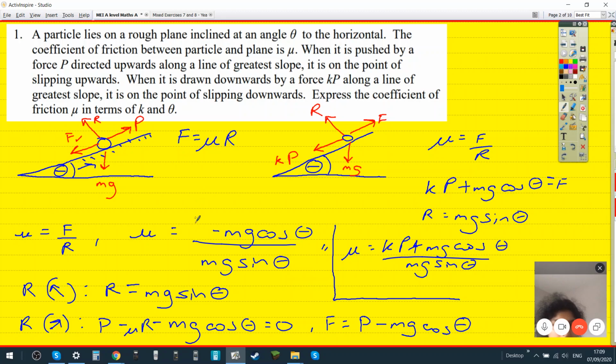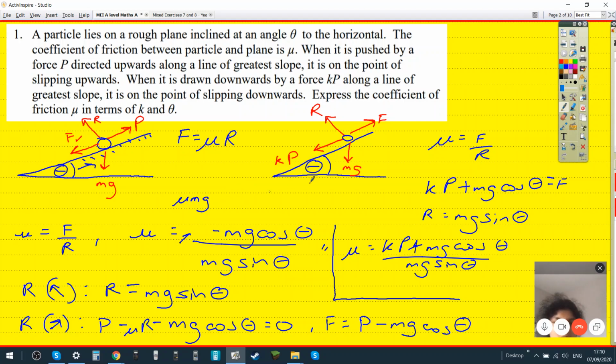Yes, you could. Wait, you wouldn't have mg cos theta, because P is mu R plus mg cos theta, and then there's minus mg cos theta there already. So they just cancel each other out?